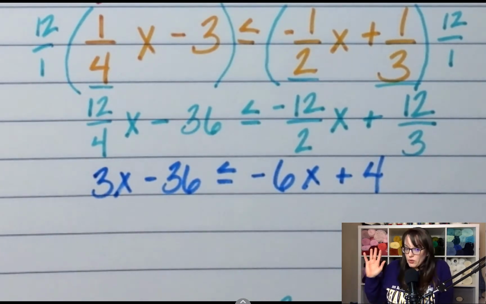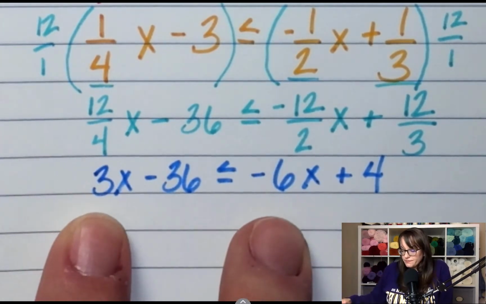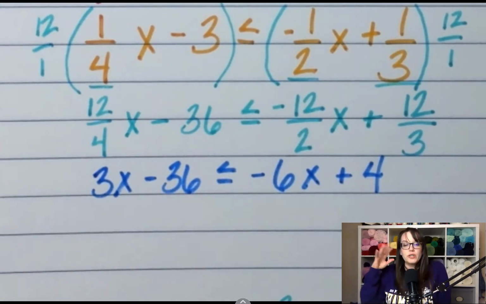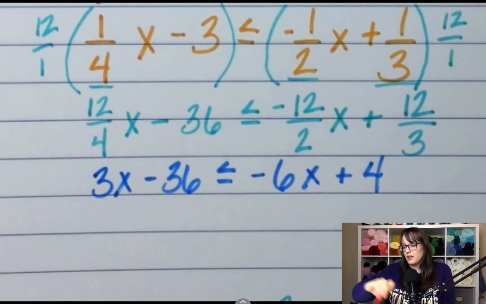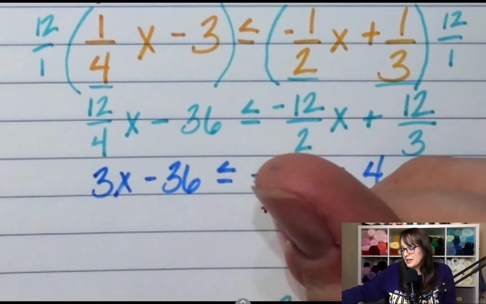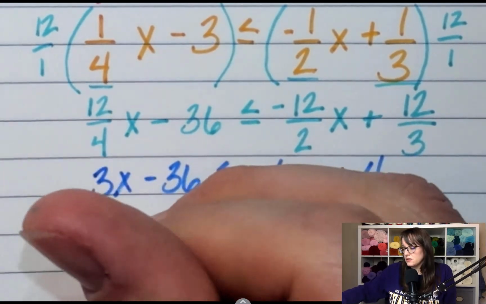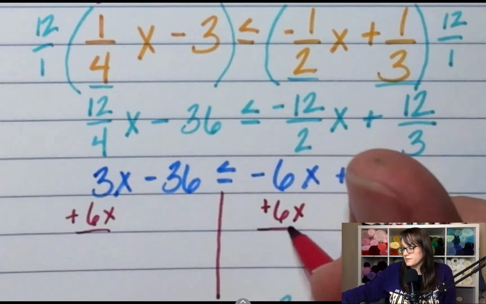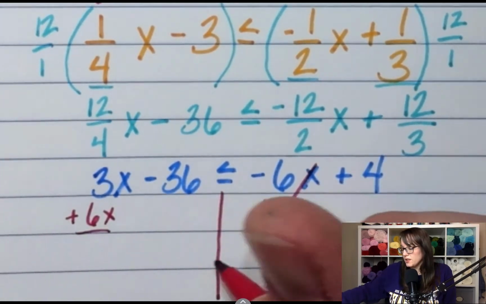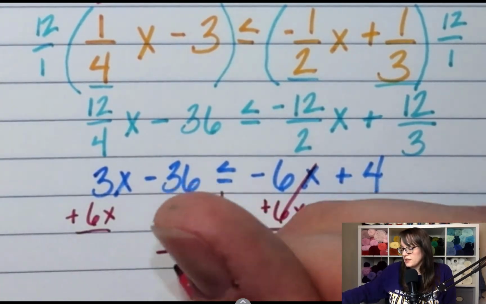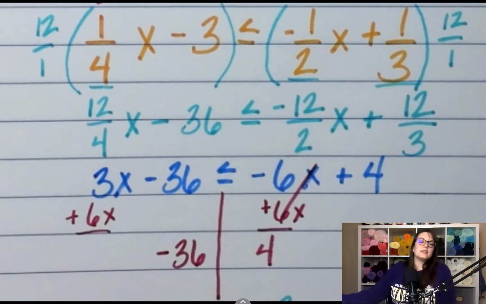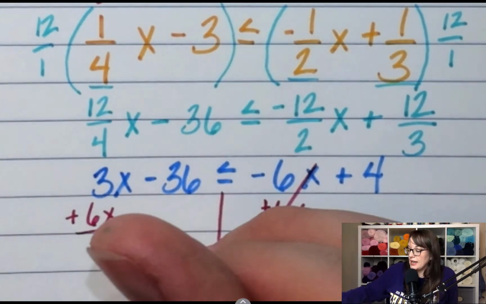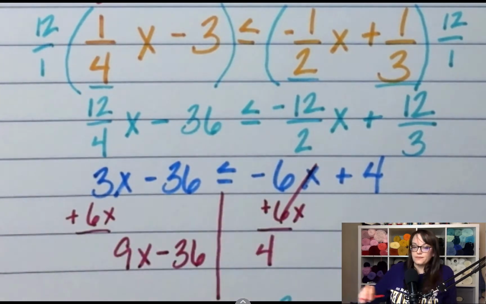So I am going to look at my variables first. Again, I'm shooting for a positive variable, so the move I want to make here is adding 6x to both sides. That cancels, leaves me 4. And that leaves negative 36. And 3x's plus 6x's is 9x's.